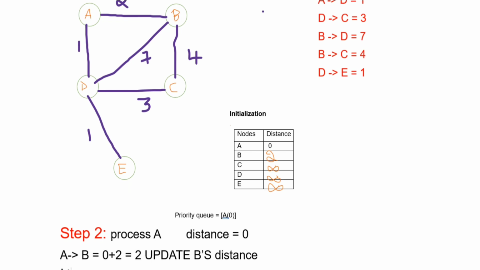The neighbors of A are D and B. So we need to check the weights: A to B is 2 and A to D is 1.